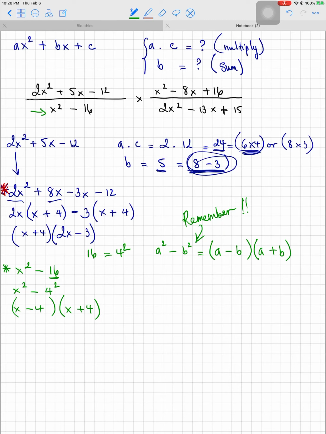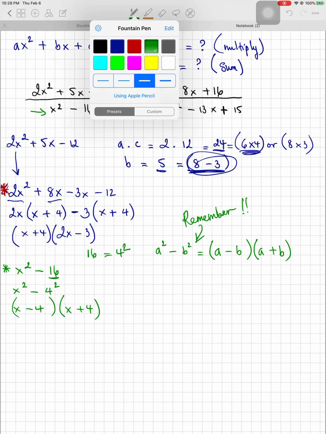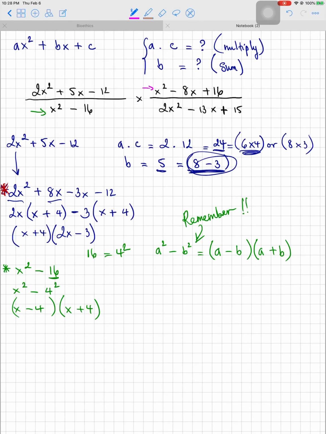Now we are moving on to the third one, this one right here: x squared minus 8x plus 16. And one more time, a multiplied by c, and then b again.